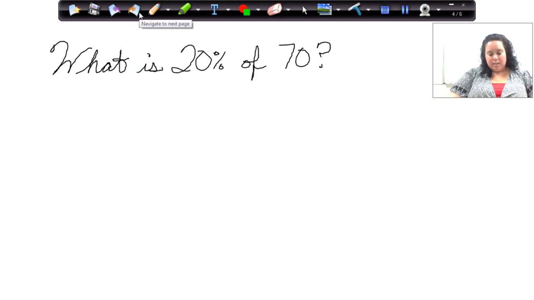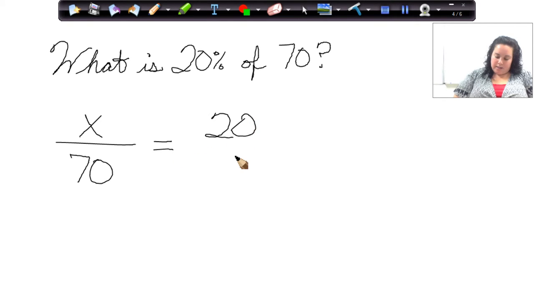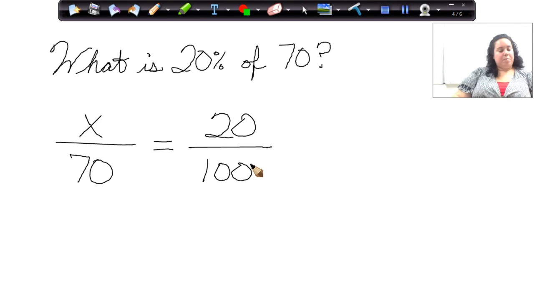Okay, let's look at this. What is 20% of 70? I think most of you would probably be pretty comfortable setting this up as what is 20% of 70. You have the part, that's what we're looking for, over the whole, or you could think of it as the is over the of.